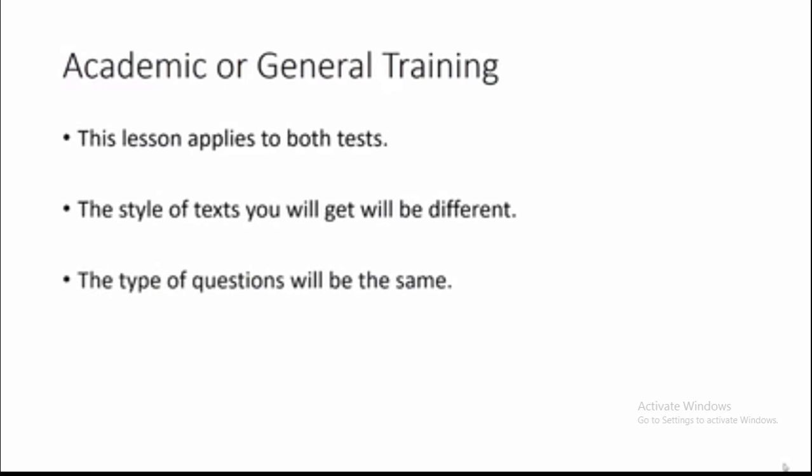However, the type of questions, true, false, not given, matching headings, all of those different types of questions are exactly the same, and the strategies are exactly the same, and the advice is exactly the same. So what I do is I just treat reading the same for both general training and academic. So if you are either one of those, you're in the right place.